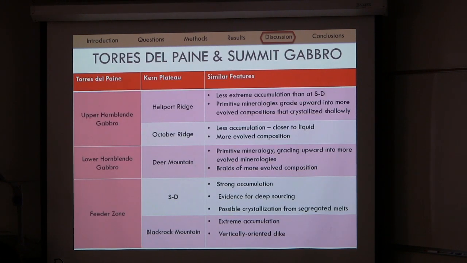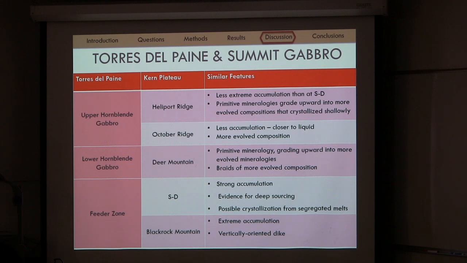Okay. And so here's a little breakdown of these comparisons that we've made. So we have the feeder zone down here, and we see strong accumulation of the main points, evidence for deep sourcing both in the coronas and maybe in those reacting crystals that look like they have been decompressed, remobilized. And then we have that vertically oriented dike that is clearly extremely accumulated.